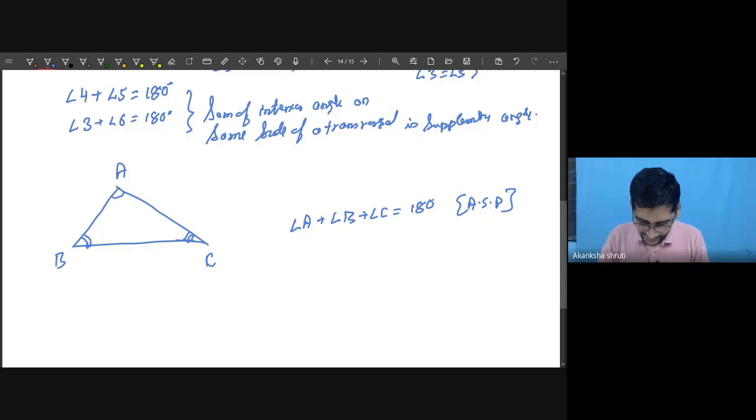So here we may mark the angles as X, Y, Z. Let us extend this side. Then between CA extended, let us call this point D, and between CD there is another angle formed. This angle.